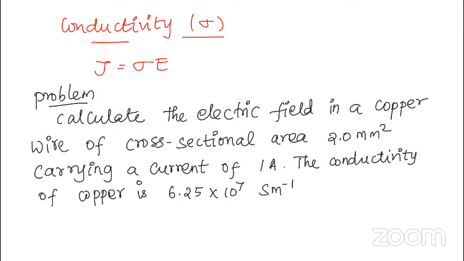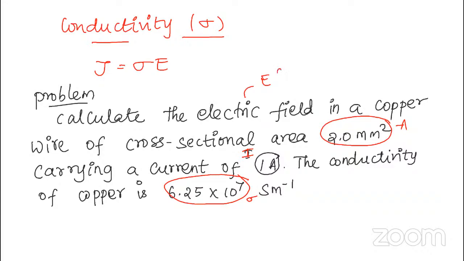In that problem, the value of area A is given, the current value I is given, and the conductivity value sigma is given. From these, we are finding the value of E. So that is the question.